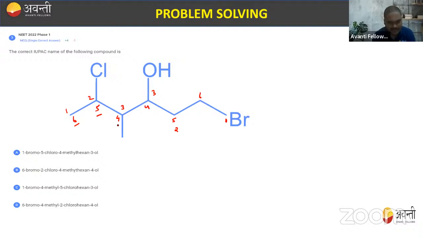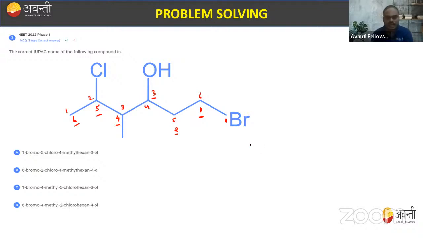So can anyone tell me which one is the correct one for numbering? Anyone? From where will we start the numbering?